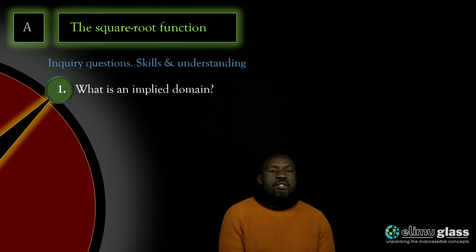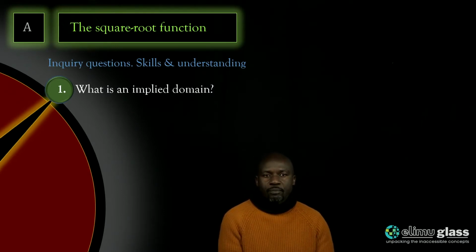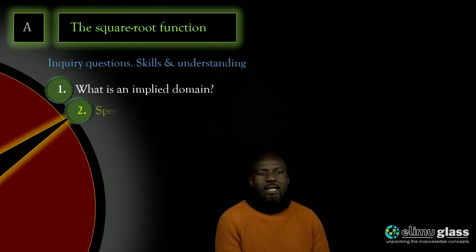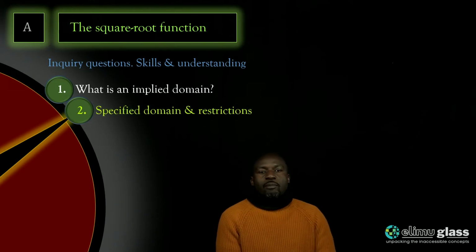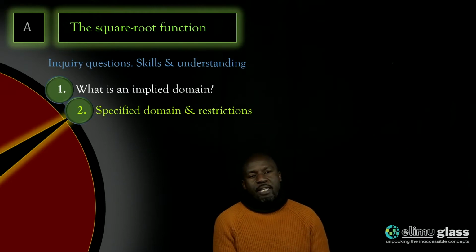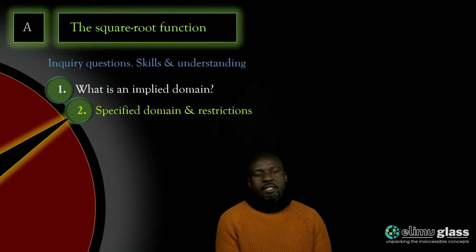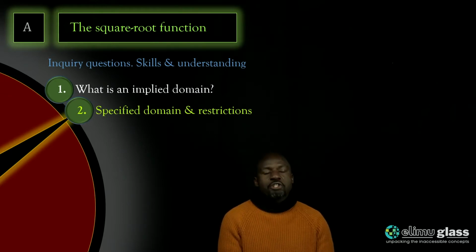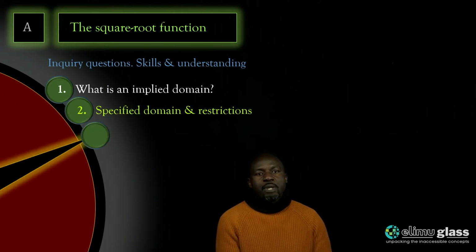And what is it if it is not implied domain? Okay, so in the study of this, we will look at specified domain. So effectively, if a domain is not implied, that means it is specified, it is given to us, all right? And we'll talk about some of the restrictions you see when a domain is specified for us, right?